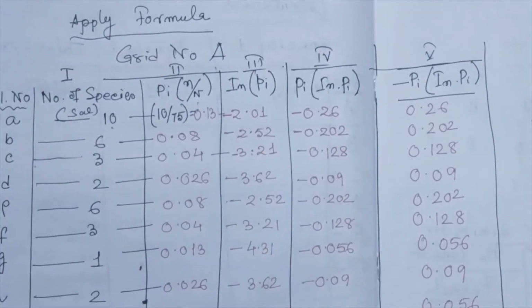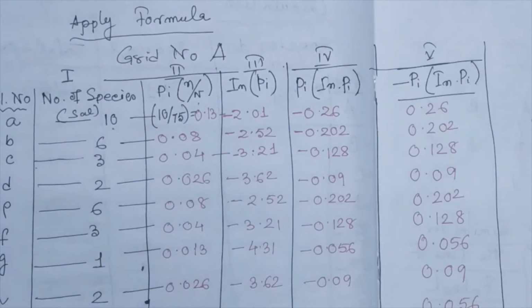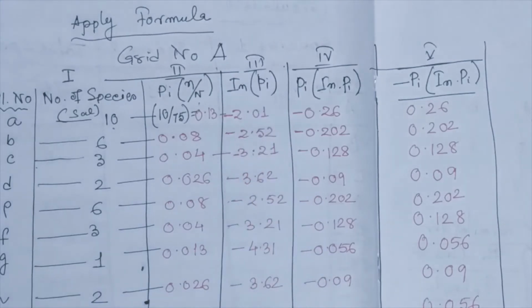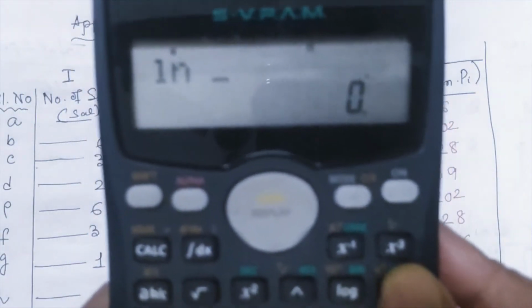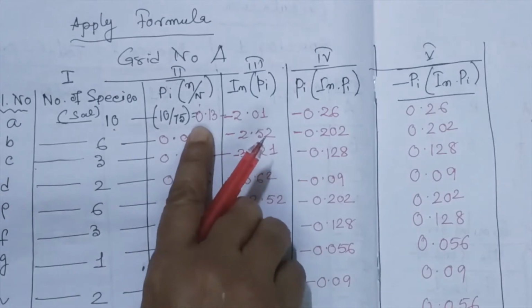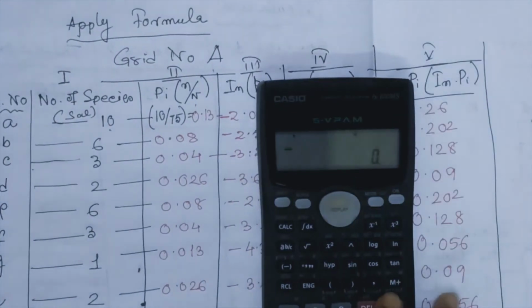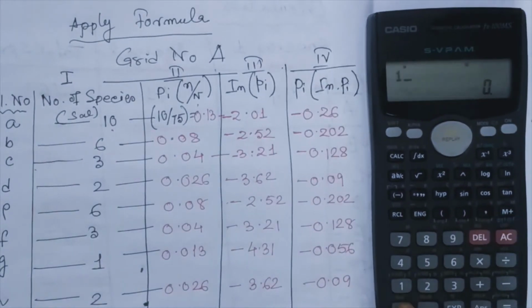Then you have to calculate 6 divided by 75, 3 divided by 75, and so on for species number 1. Then you have to press ln, that is natural logarithm. You have to take a scientific calculator, press ln and identify the value of pi. Here we have divided 10 divided by 75.